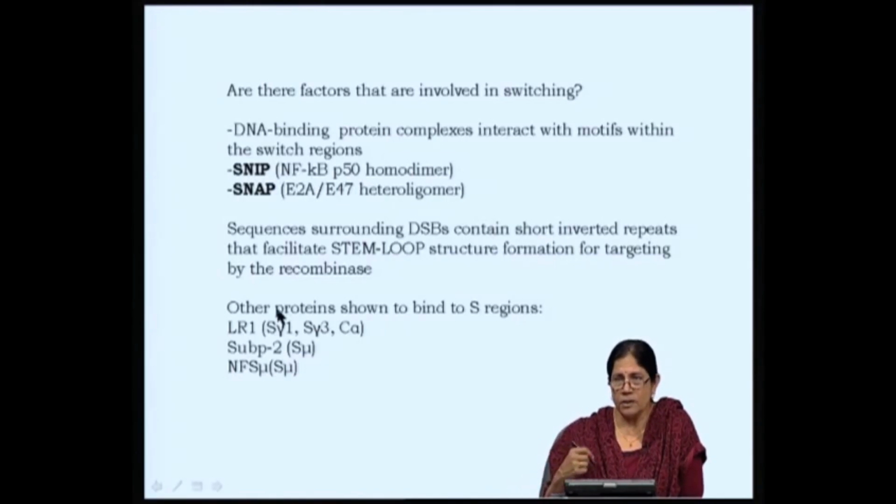This looping out is absolutely essential, as I have shown in the previous slides, and this would mean that there should be some proteins which allow this looping structure, stem loop structure, to be formed. There are other proteins which have also been shown to bind to the switch region gene segments, and they are LR1 in case of the switch region for gamma 1, gamma 3, and it should be S alpha.